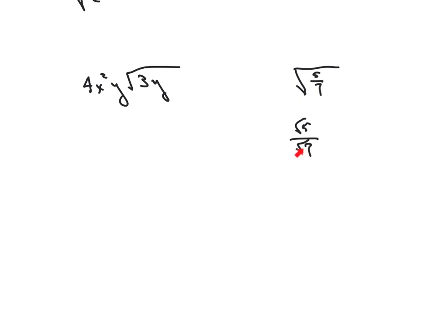You can never have a radical in the denominator. It's not that it's wrong, it's just that it's not reduced or simplified. So you cannot have a radical left in the denominator in your answer. So that means this is not simplified all the way. Okay, there isn't one here, so we're good to go.